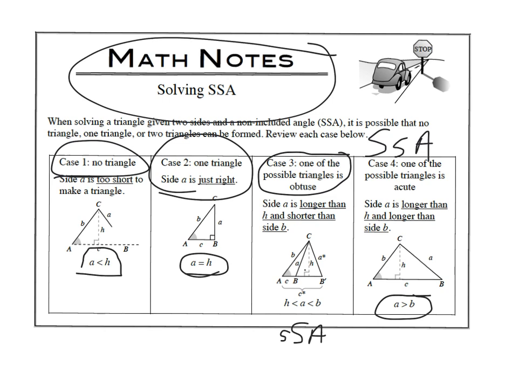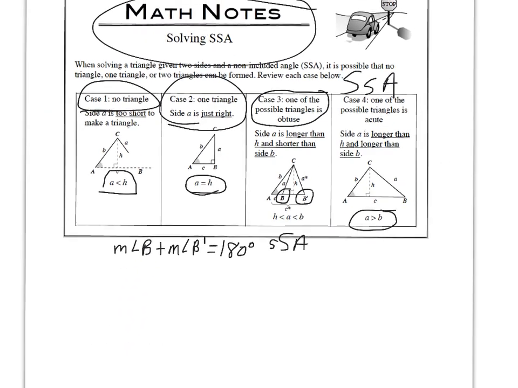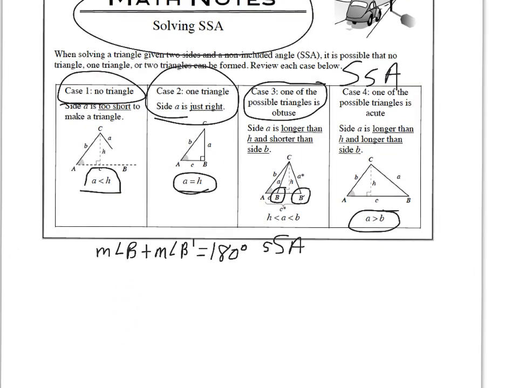And we also know that the sum of the two angles, so the measure of angle B plus the measure of angle B prime, has to equal 180 degrees. So then when you use your law of sines to find one of the angles, you're always going to be finding that acute angle.